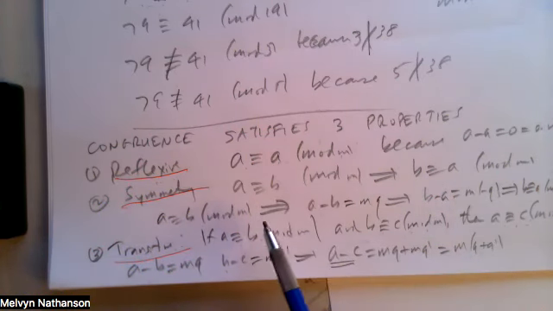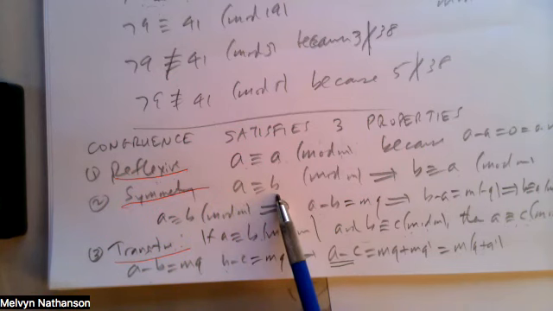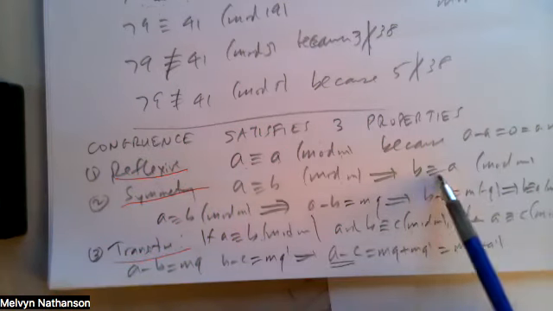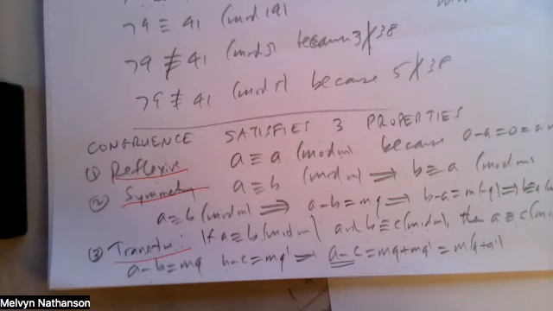If A is related to B, then B is related to A. In this case, that means if A is congruent to B mod M, then B is congruent to A mod M. And it's transitive. Transitive means if A is related to B and B is related to C, then A is related to C. In this case, this means if A is congruent to B mod M and B is congruent to C mod M, then A is congruent to C mod M.